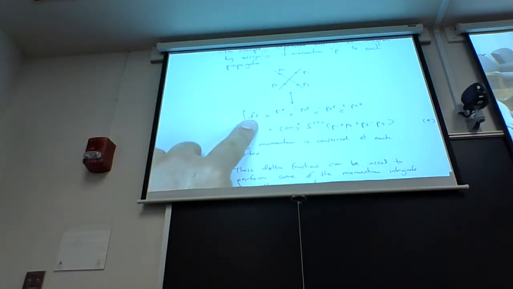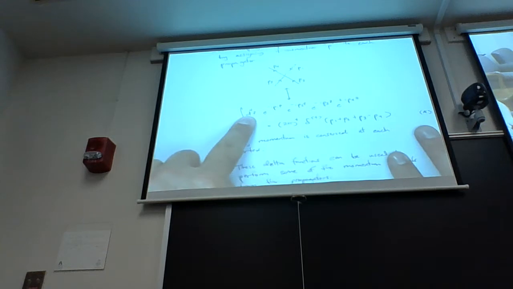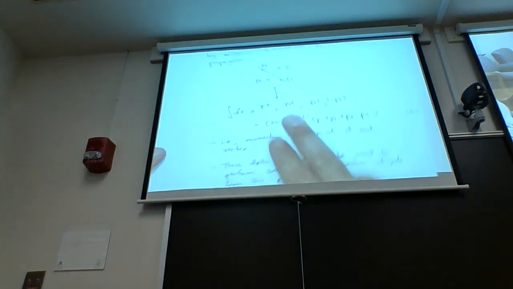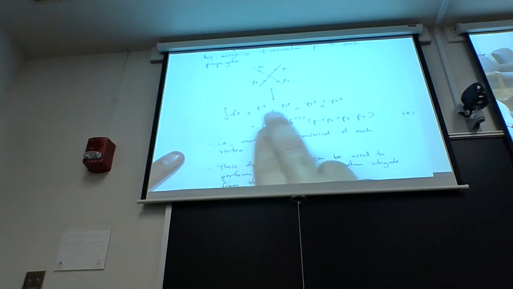I'm basically taking the Fourier transform of this vertex, plugging in these 4 factors, the e to the i p x factors that come in from the Fourier transform. Notice that P1, P2, P3 are positive and P4 is negative, so it gives me a plus sign here. But this integral, we all know what it is. It's just an integral representation of the Dirac delta function.